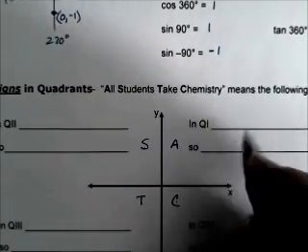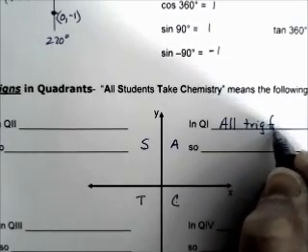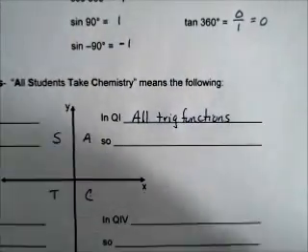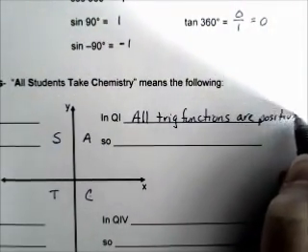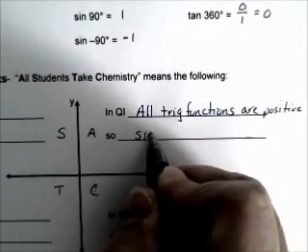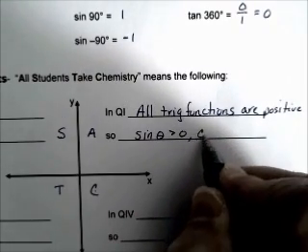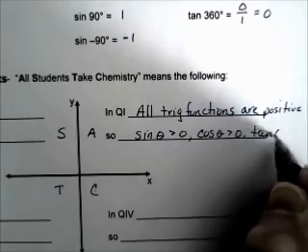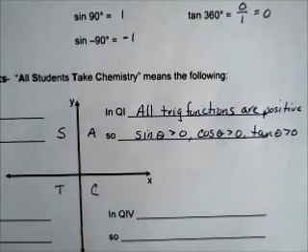So in quadrant 1, all trig functions are positive. Meaning the sine of theta is going to be greater than 0, the cosine of theta would be greater than 0, and the tangent of theta would be greater than 0. They would all be positive.